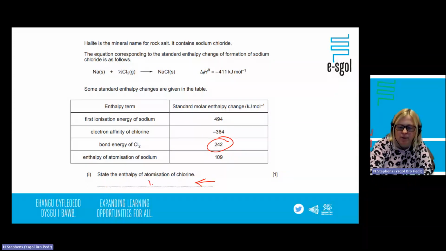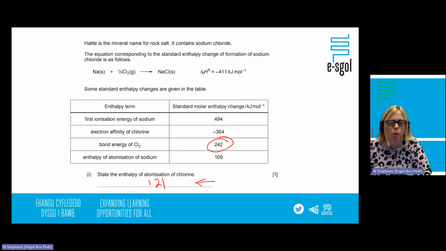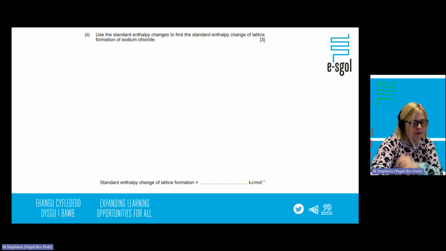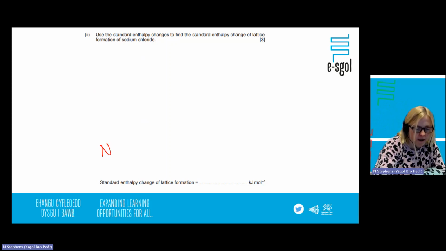So in that sense, it would be 121. Okay, and then it's a case of trying to build together the Born-Haber cycle. Now, I'm not going to write it out fully because I'm renowned for being a bit lazy in that sense. But if I take you through the classic stages, you start with the two reagents, which is Na, and obviously you only need half a molecule of chlorine.